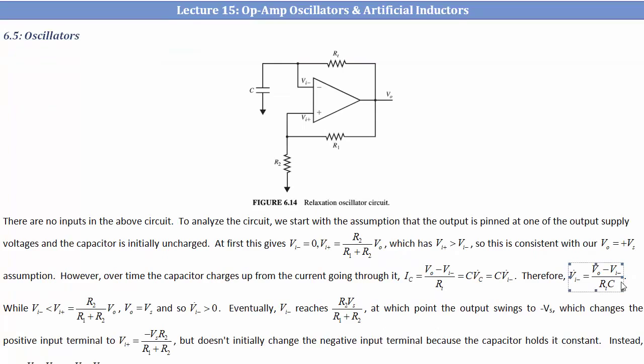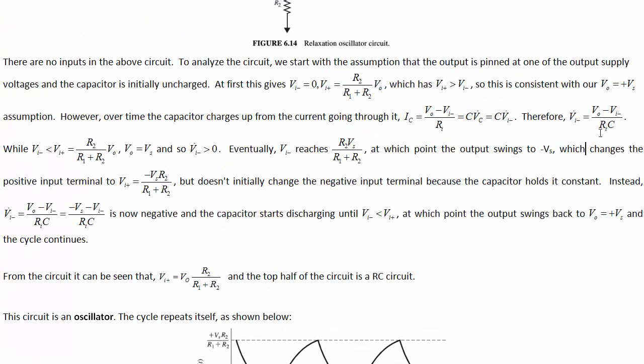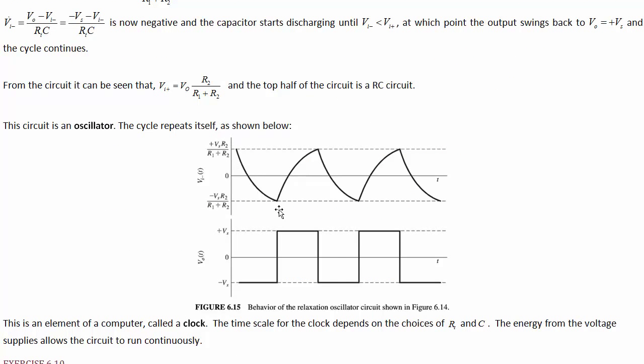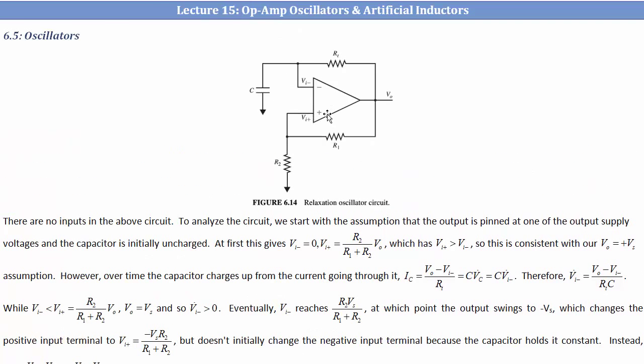So this is a differential equation. At any point, the output is a constant, so you pick a constant output voltage and solve this differential equation to come up with one of these curves. Keep in mind that as soon as the voltage dips below one of these thresholds, the output of the op-amp switches. Because of the positive feedback, this is acting like a comparator, so you have to check when we get to that voltage level.